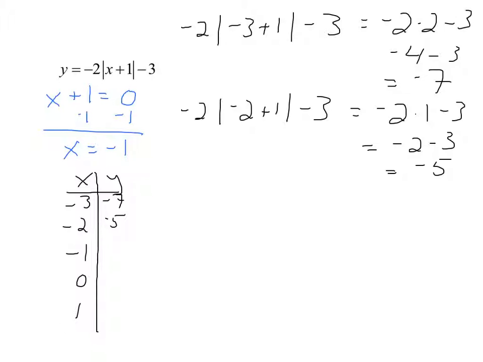If I put negative 1 inside of the absolute value, I'm going to have negative 2 times negative 1 plus 1, minus 3, which is negative 2 times 0 minus 3, or negative 3.